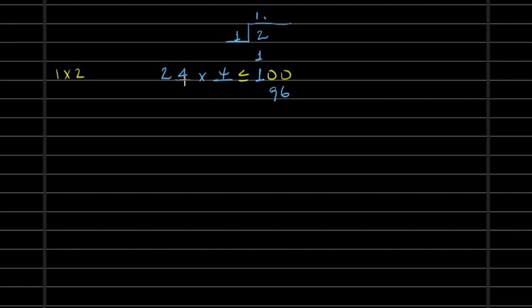If we insert a 5 here, 25 times 5 becomes more than 100. It's impossible. The number must be less than or equal to 100, so we must insert 4. Now the first digit is 4. And when we subtract 96 from 100, we get 4.